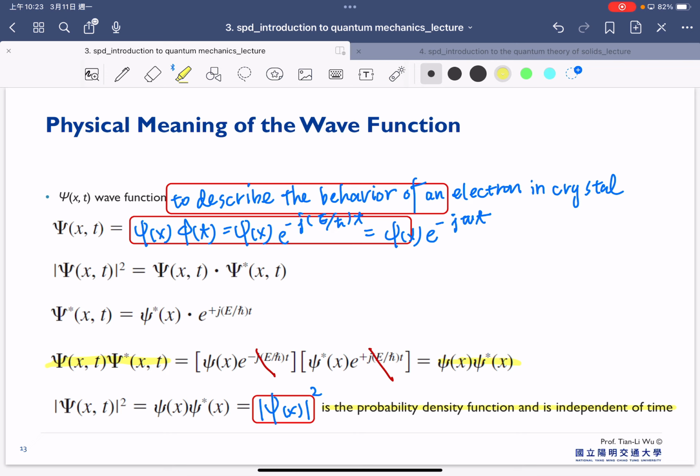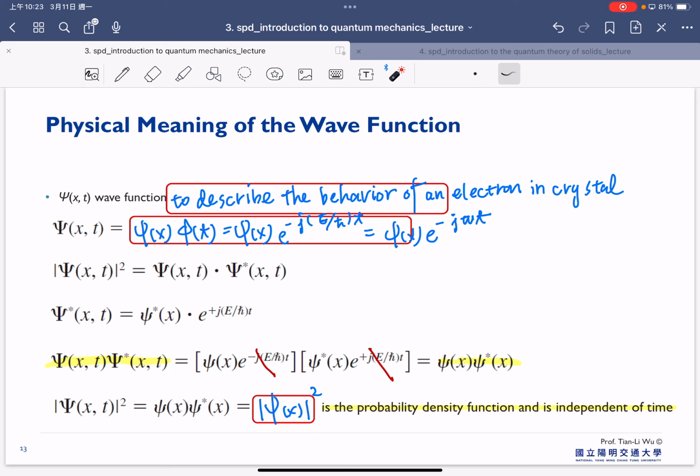So the wave equation in the original is dependent on space and time, but now the probability function only depends on space and is independent of time.